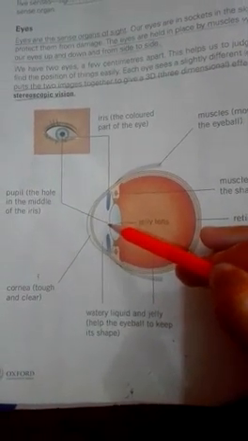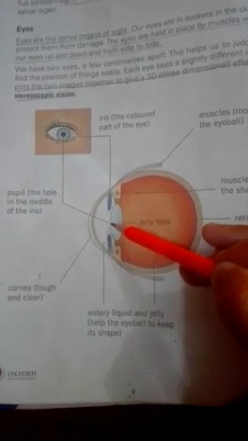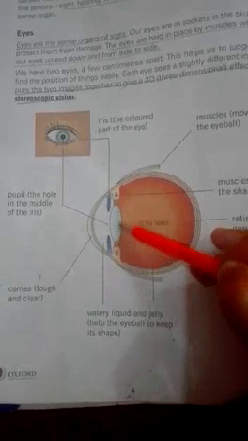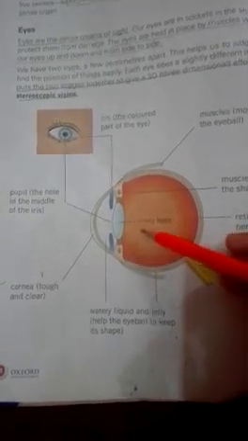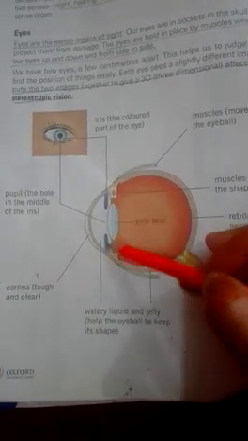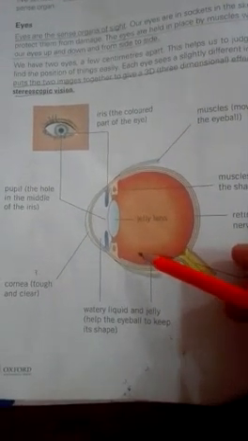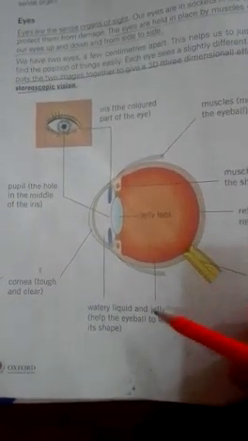Next to the cornea, there is a lens. This is a jelly lens which is present in both the eyes. These are the lenses which help us to detect the image.